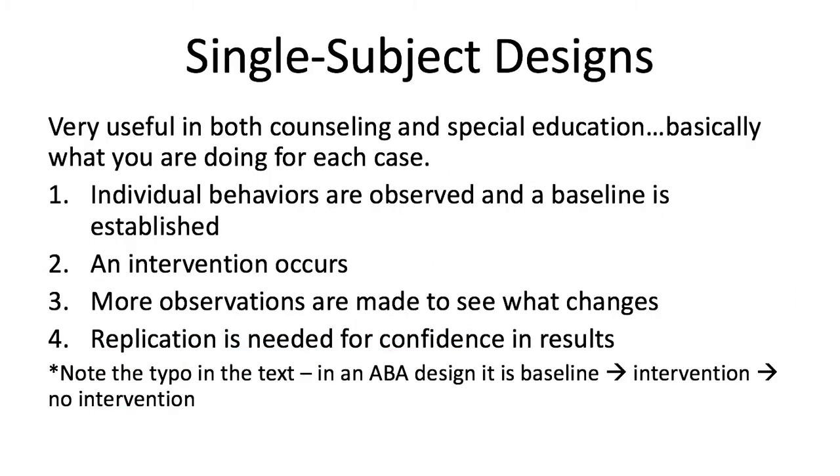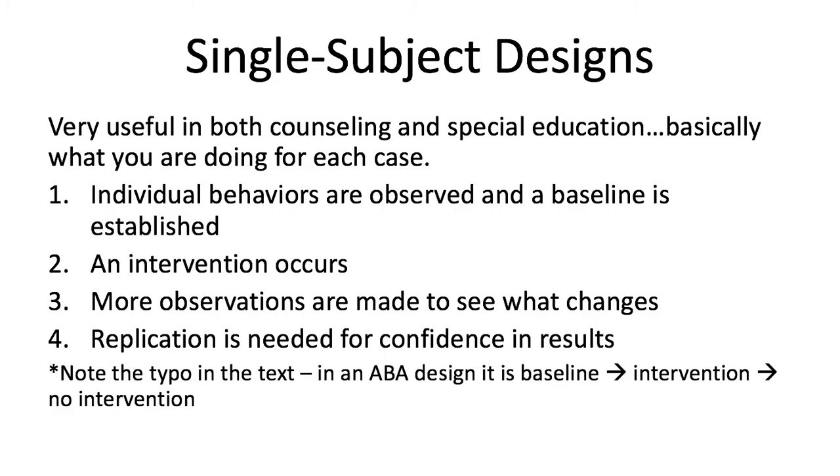Finally, we have single subject designs, which are very useful in both counseling and special education, and basically what you do is look at each case. The author spends a lot of time on this. Again, I don't think there's that much to it in terms of figuring out what you need to do, but the essentials are: you do need to establish some kind of baseline behavior.